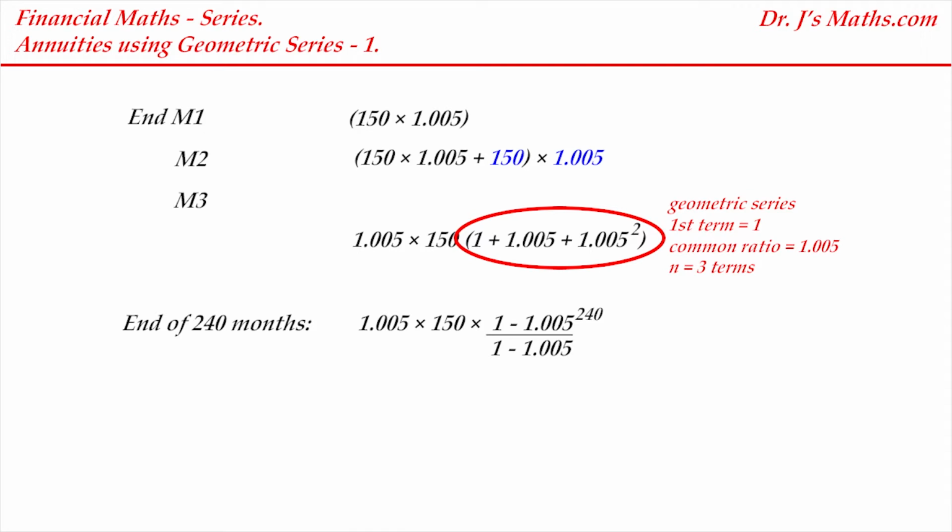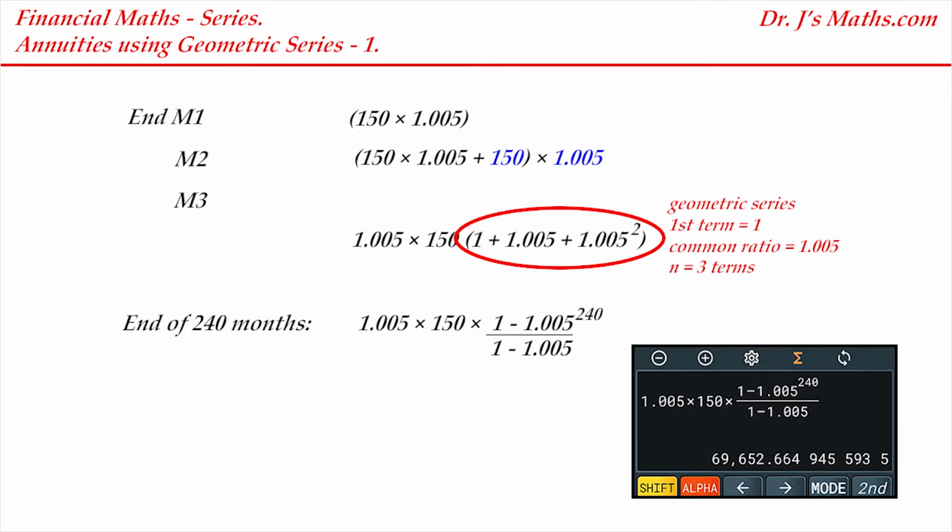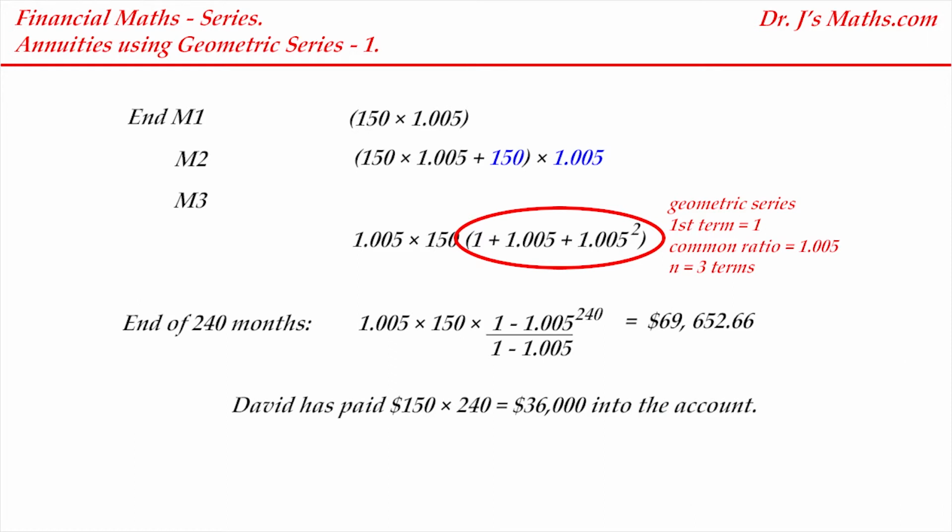And we put that in our calculator all at one time, not bit by bit, and we get $69,652.66.